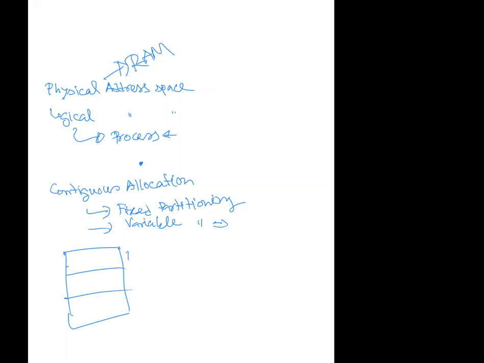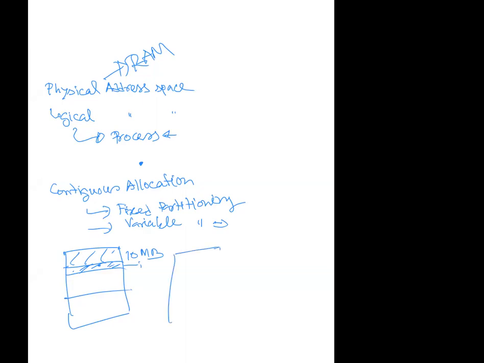Let's say this is a 10 MB space. If you insert an 8 MB process, then when a 2 MB process comes, you cannot fit it here because the space is already occupied by the first process. So this 2 MB space is going to be wasted. This is called the internal fragmentation problem.